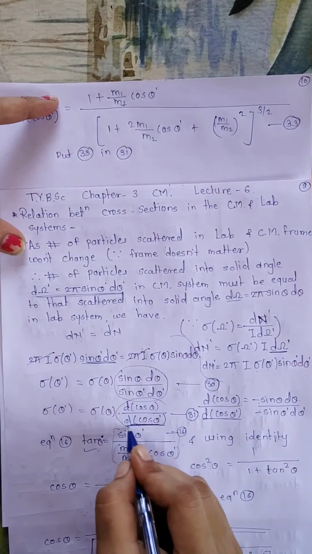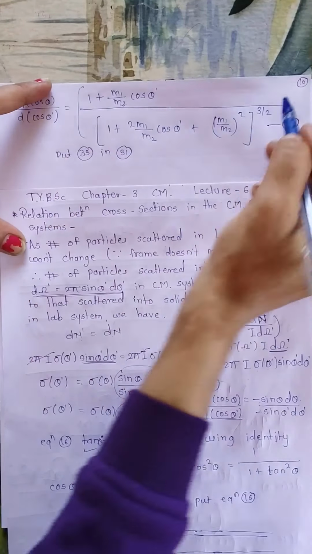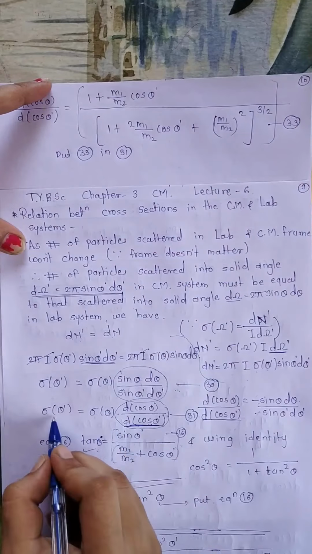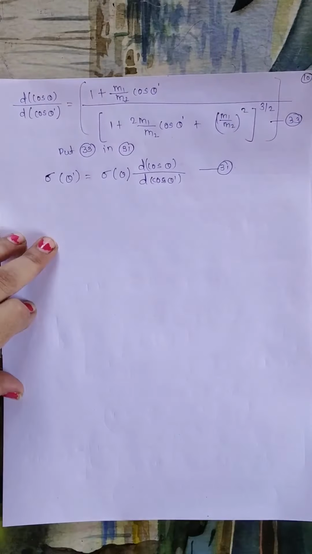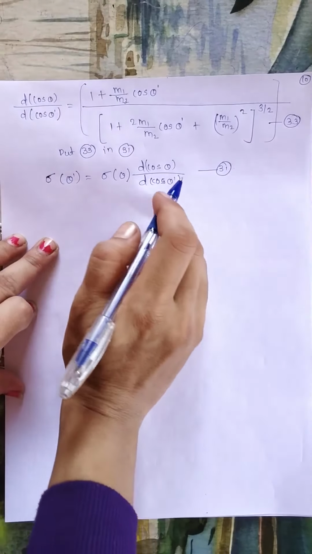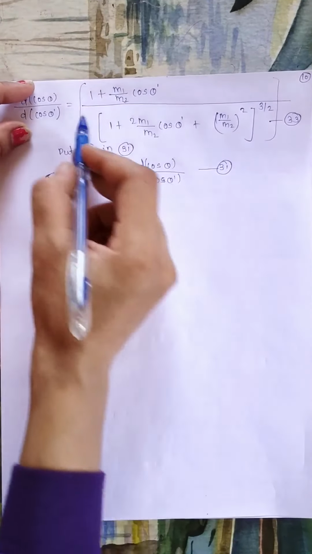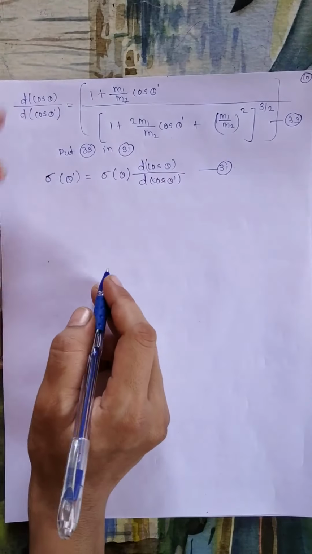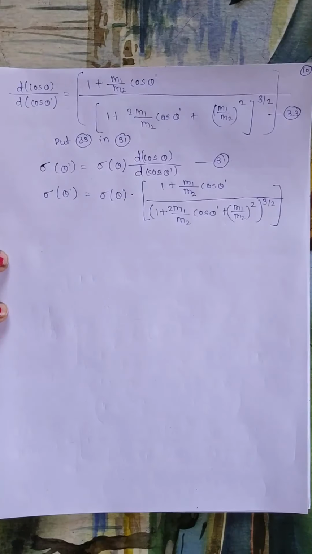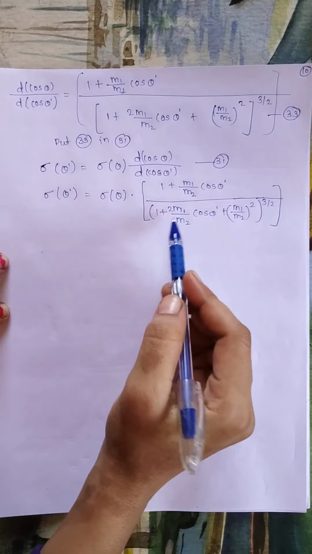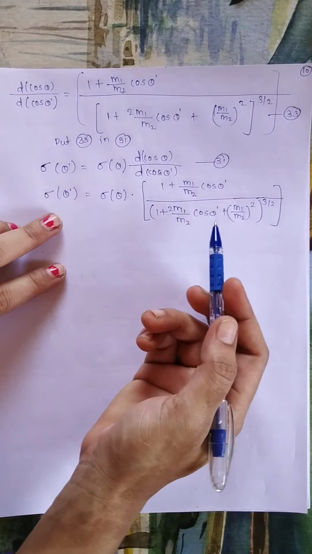So here, instead of this ratio, we can write this bracket, and after substitution we will get the value. This is 31. So instead of this ratio I will write this whole quantity. By substitution we got this equation.